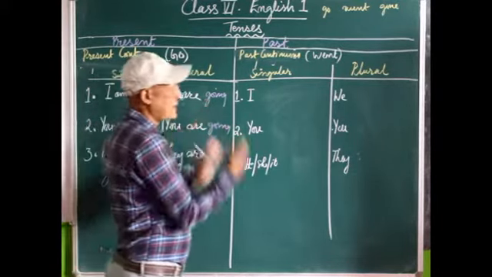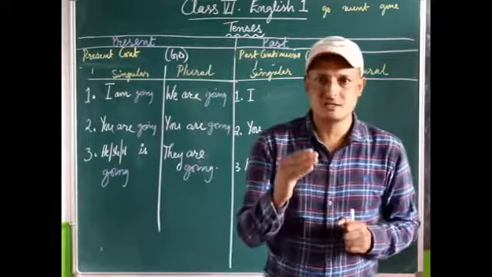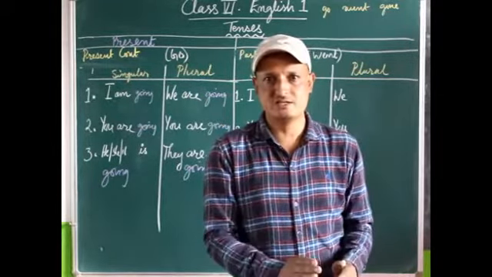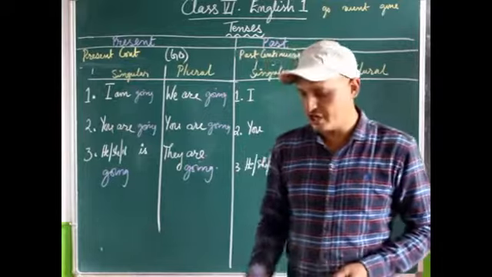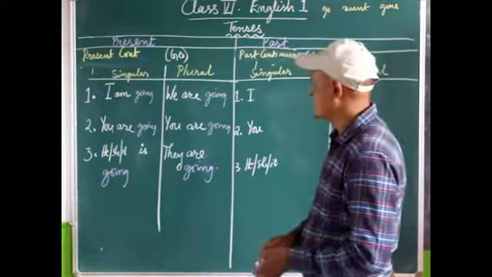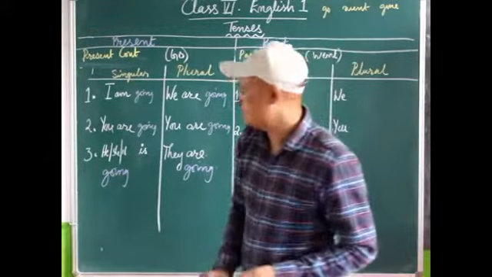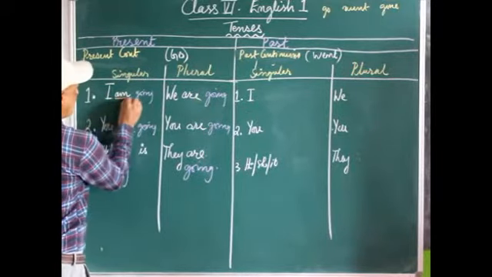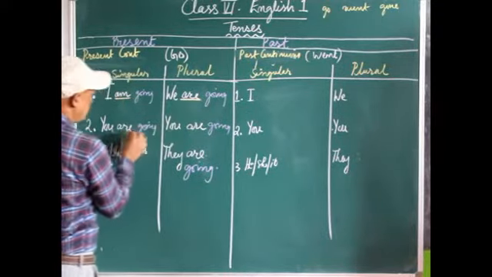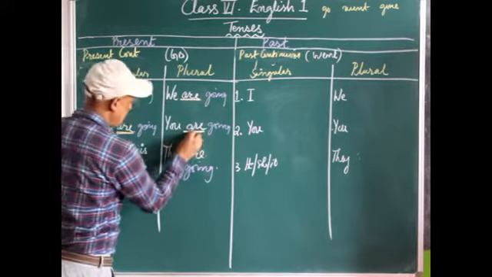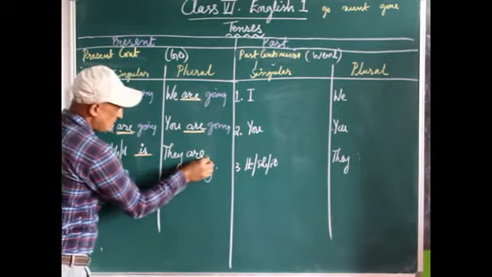Now, when we write a sentence in the past continuous, what are the changes that take place? The first change that will take place is the helping verb. That is, here we have am, is, and are.